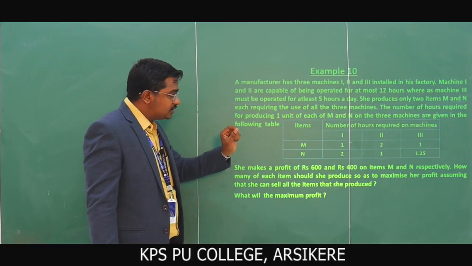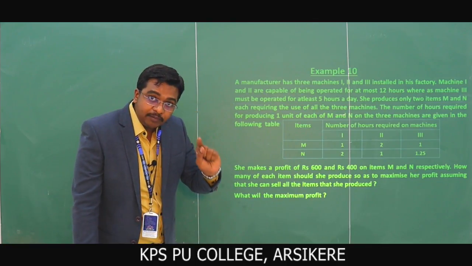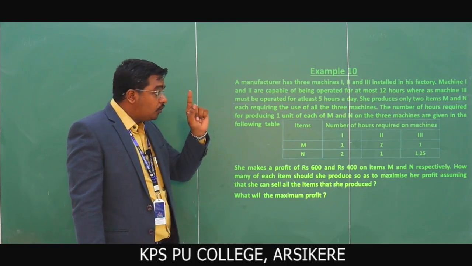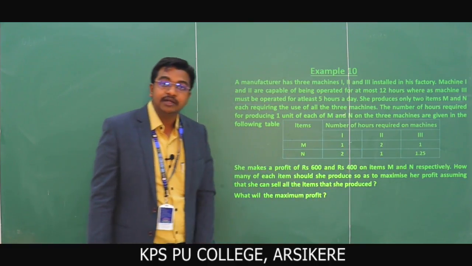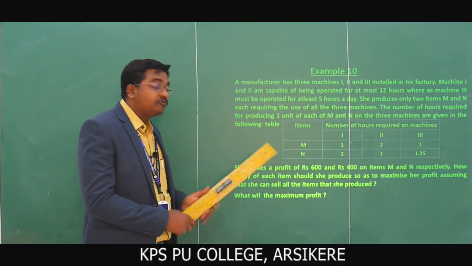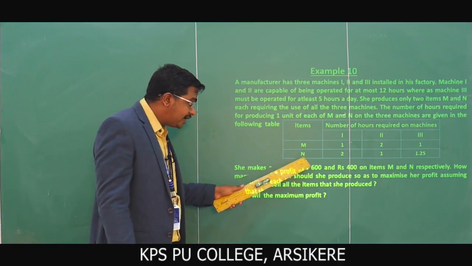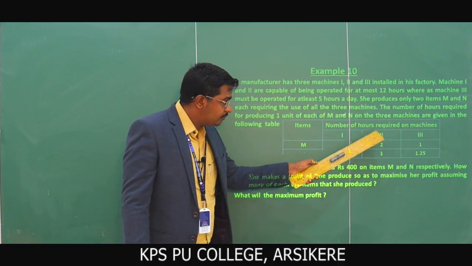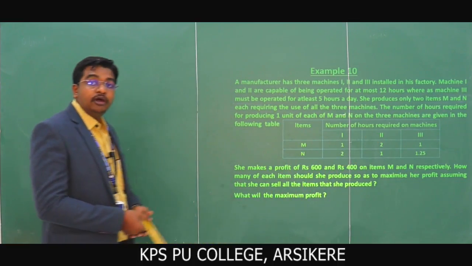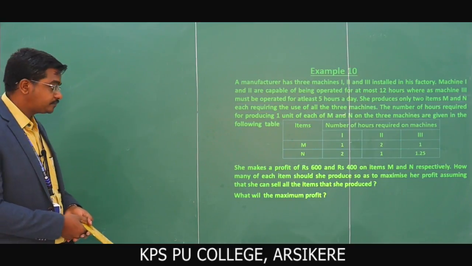To produce 1 unit of item M, it requires 1 hour on machine 1, 2 hours on machine 2 and 1 hour on machine 3. Similarly, to produce 1 unit of item N, it requires 2 hours on machine 1, 1 hour on machine 2 and 1.25 hours on machine 3.